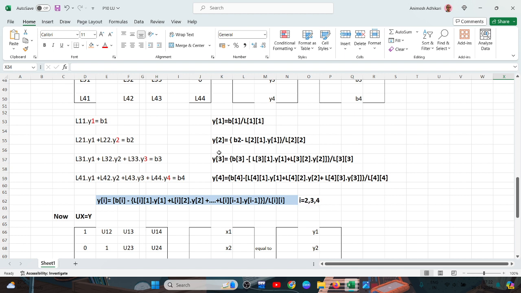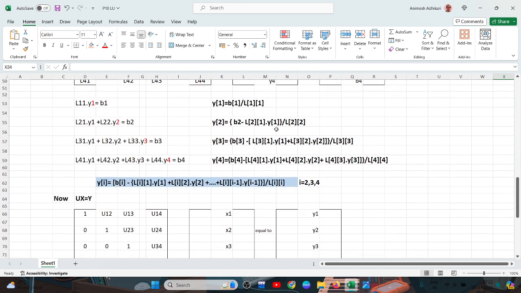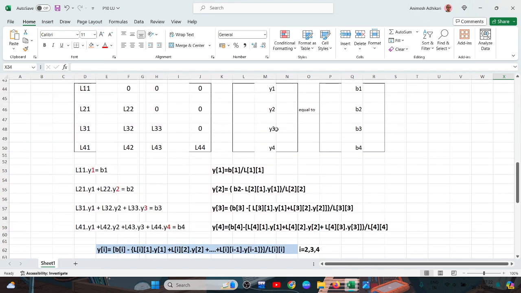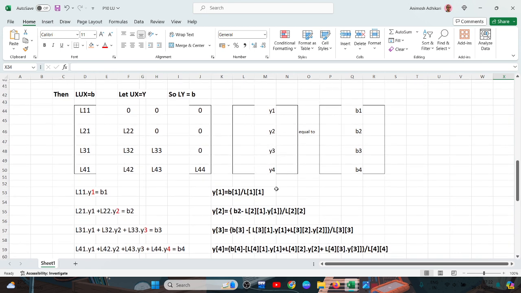So we get y2, y3, y4, and y1 we get from this equation, y1 equal to b1 by l11. So from this we get all these y1, y2, y3, y4.